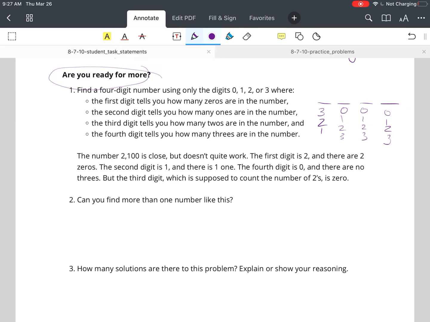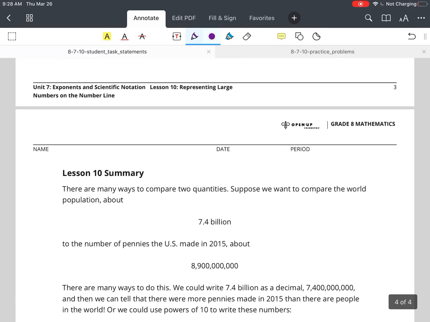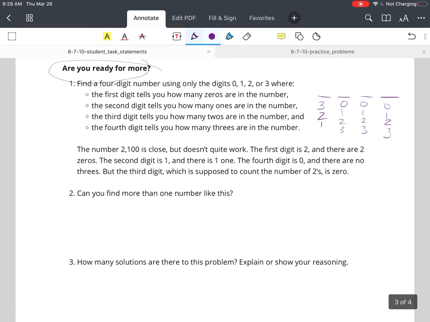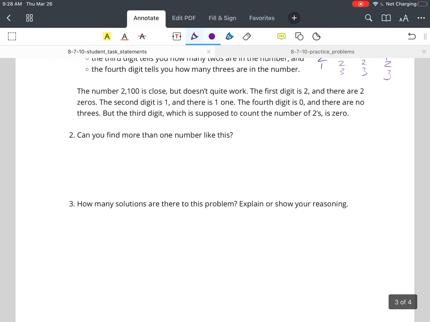The second digit tells you how many ones are in the number. The fourth digit tells you how many threes are in the number. What? This should have been a math puzzle of the week. Yeah, I'm gonna let you work on this for fun.